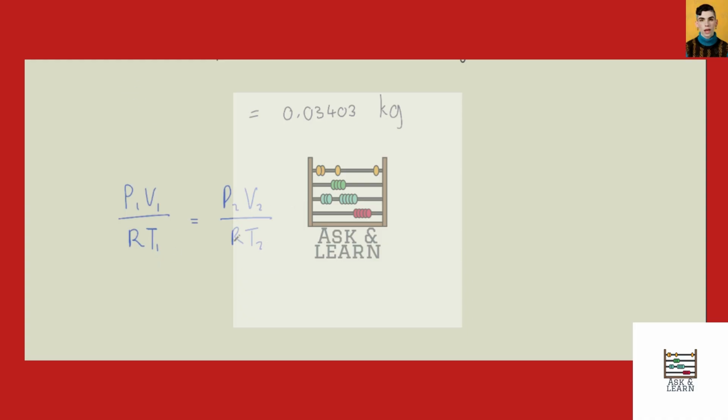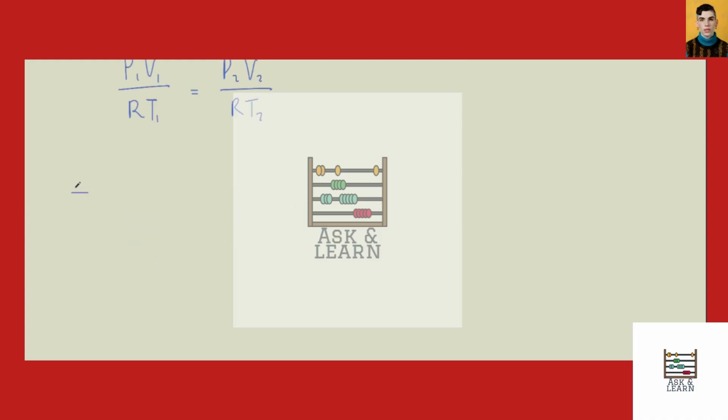And if we rearrange this equation, we can find the final volume V2 to be T2 P1 over T1 P2 multiplied by initial volume V1. So since again we know these values, we can substitute them in.